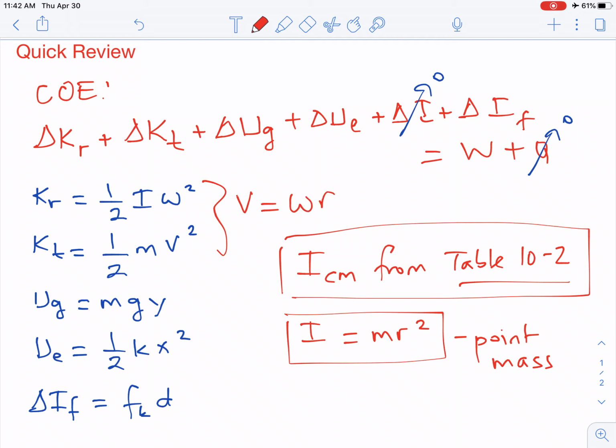This is the center of mass velocity, so you can use that to relate to omega, or write omega in terms of v, and then plug it in here so that you can make them look the same. That's another key thing. Otherwise, you may get lost and think, I have too many unknowns but not enough equations, because you will have only one equation, the conservation of energy equation. Those are the things that will be clear to you once you do enough exercises.